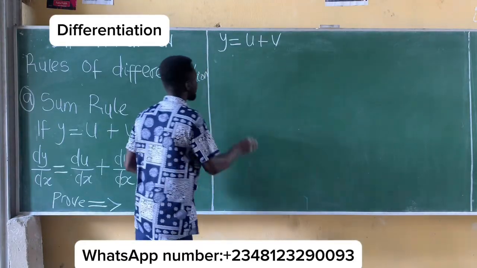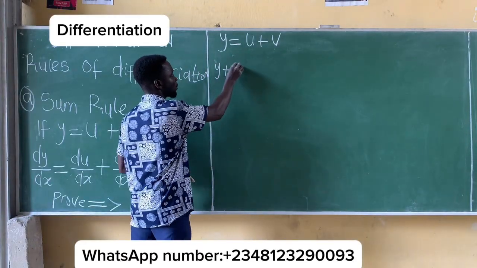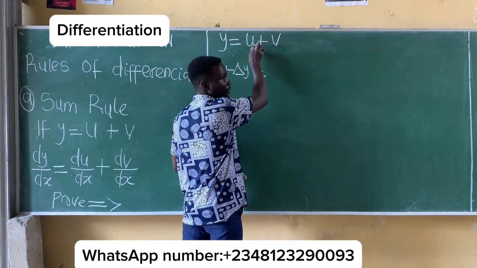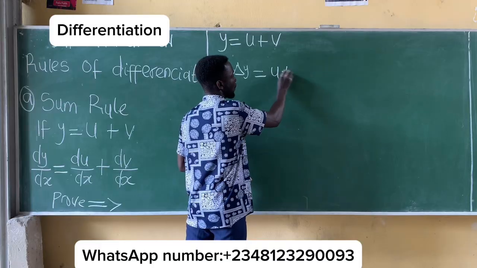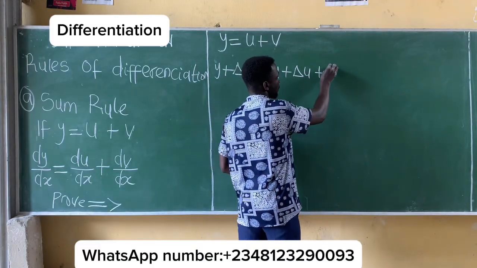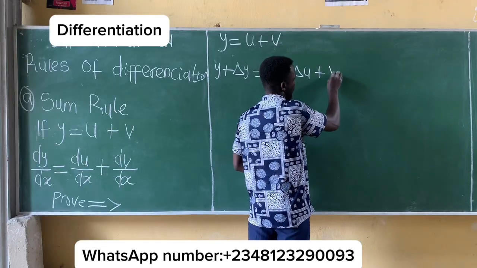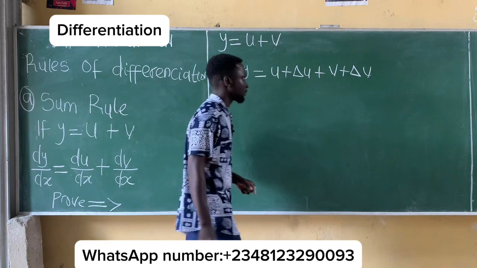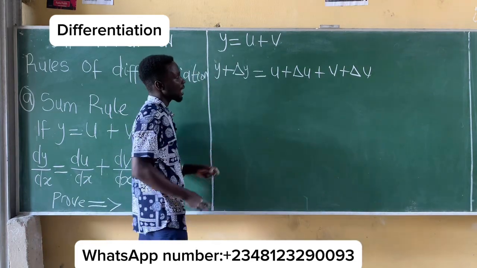So in that case, this becomes y plus delta y equal to u plus delta u plus v plus delta v. So this already happens.